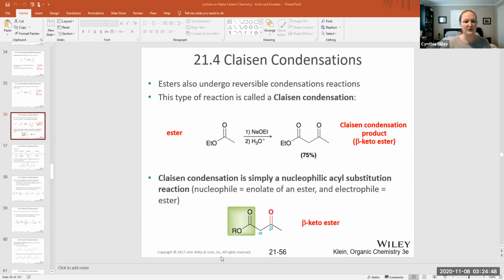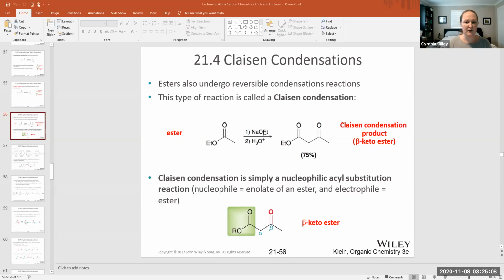And when you use an ester as your reactant, instead of being called an aldol condensation, it's called a Claisen condensation. The reaction involves two esters, actually, so 2 moles of this, being reacted to form what's called a beta ketoester product.